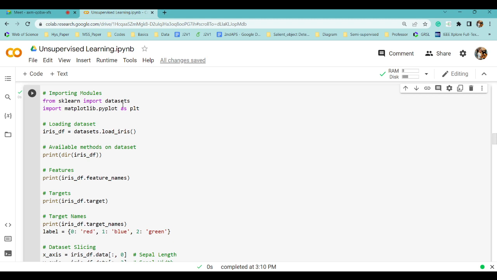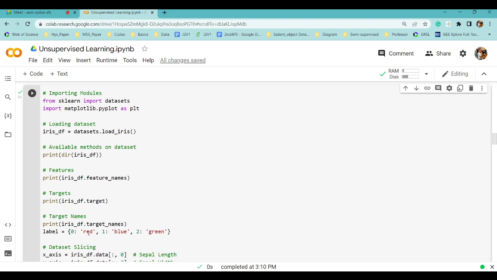Import some modules like datasets and plot, load the data set, print the methods to be applied on the data set, features.feature_names, which gives all the four feature names, and targets from iris_df, because this is where my data set has been loaded. So iris_df.target_names are the labels. I need to print it.